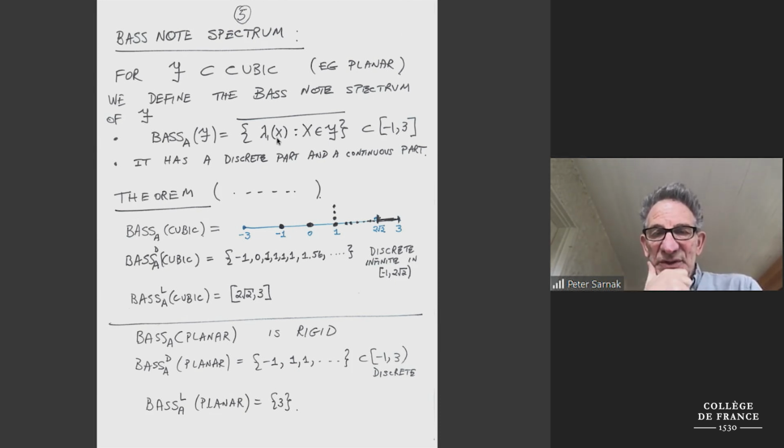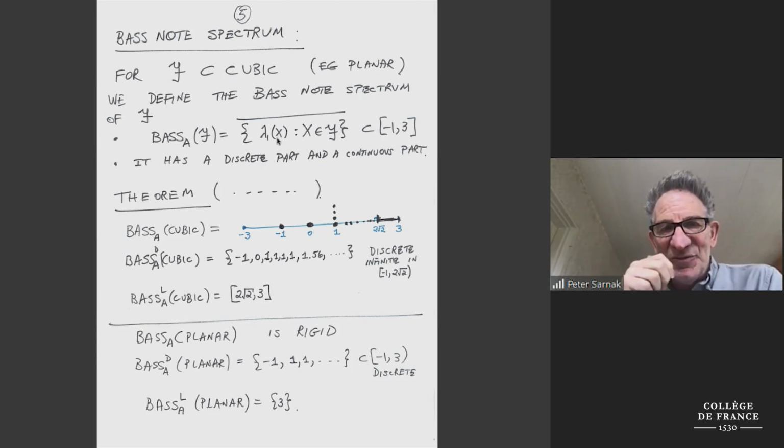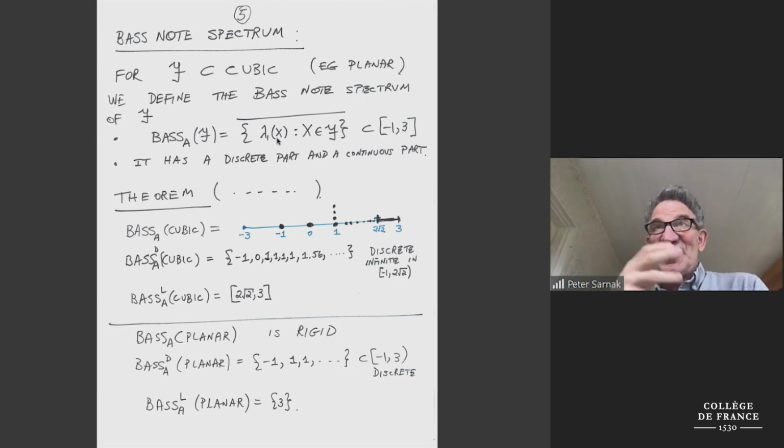We get a discrete part and a continuous part. I think it's very natural. When you define the spectrum of an operator, you have the point spectrum and the discrete and continuous. But it's a good question. In some of these problems, you might actually ask, what is the set of lambda ones themselves?